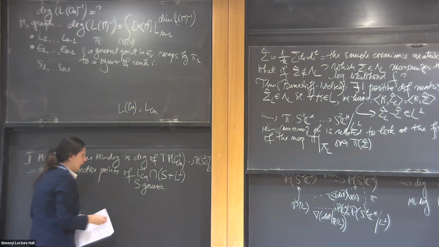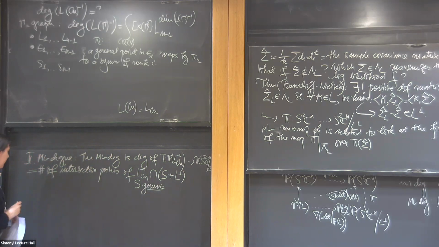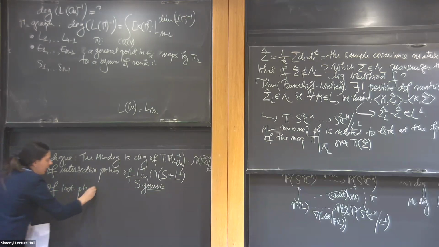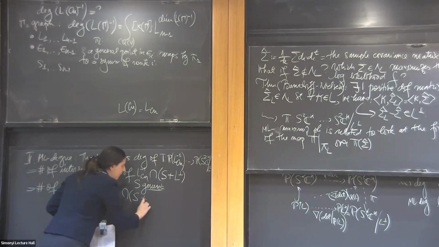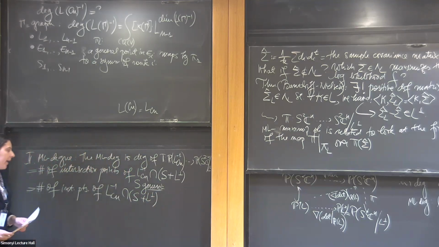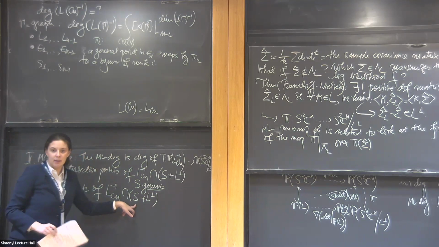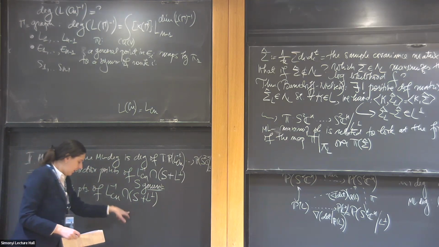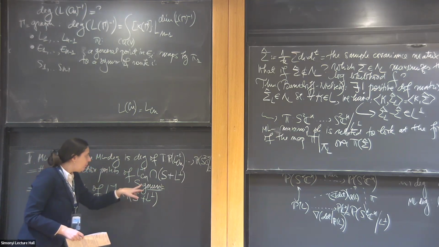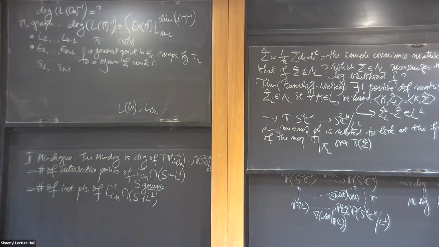And more generally, this is the number of intersection points of L_CN inverse intersected with S plus L perp for any matrix S, providing that the intersection is transverse and the fiber over the matrix S in the graph of pi doesn't contain any point from the base locus.